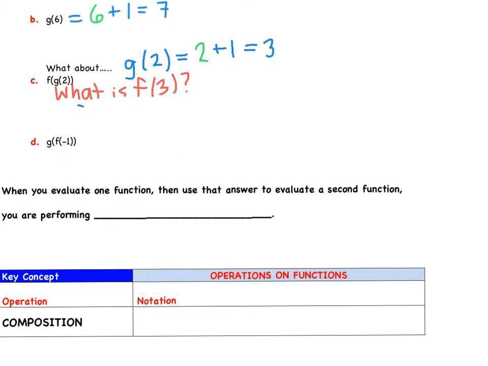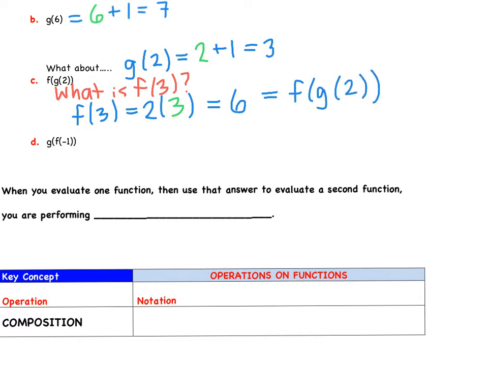So f of 3 equals, looking at my equation of f of x, I see 2 times x. So instead of x, I'm going to write 3, using substitution here. Evaluate 2 times 3 to get 6. So here I get that f of g of 2 equals 6.